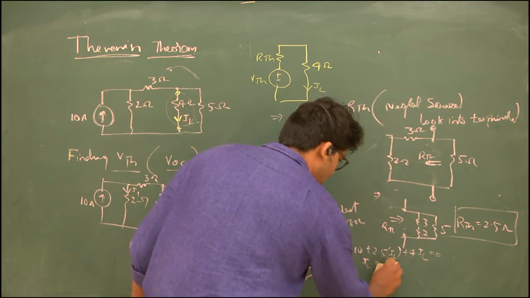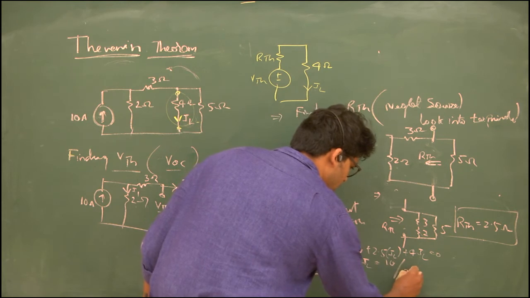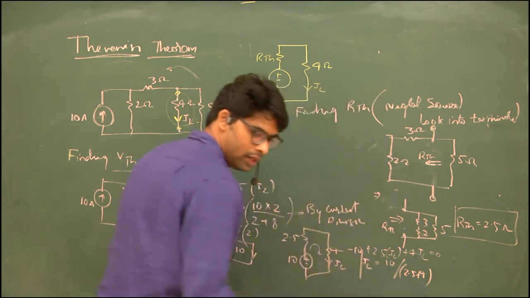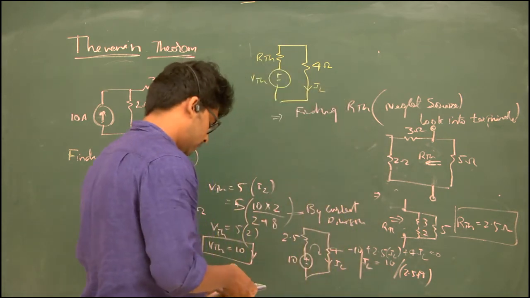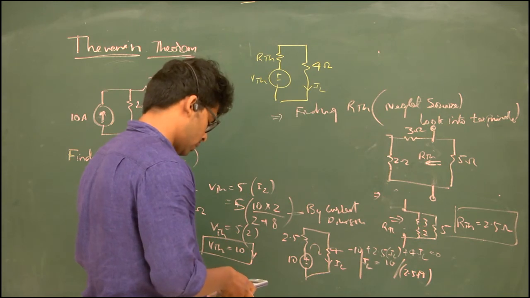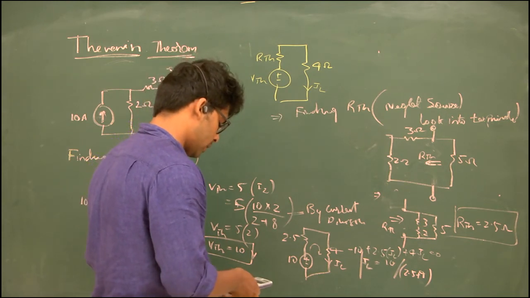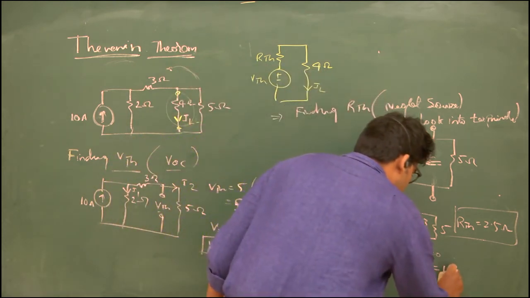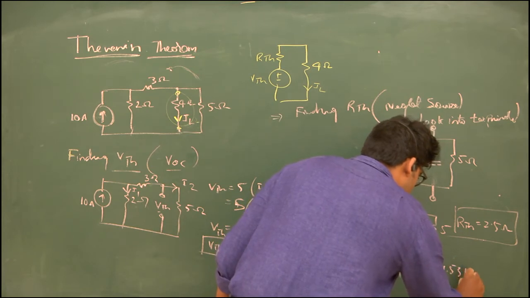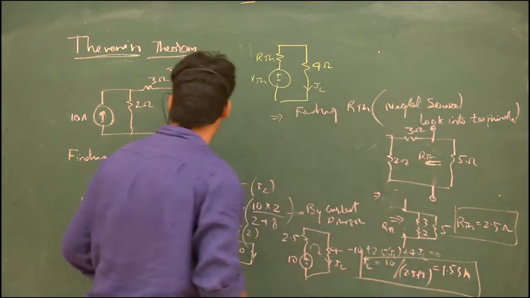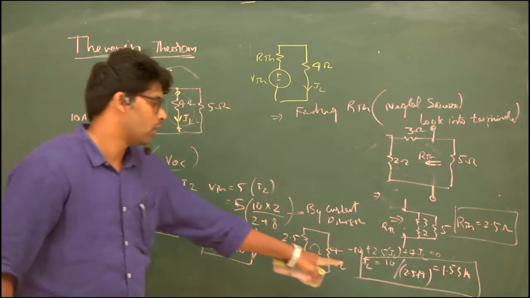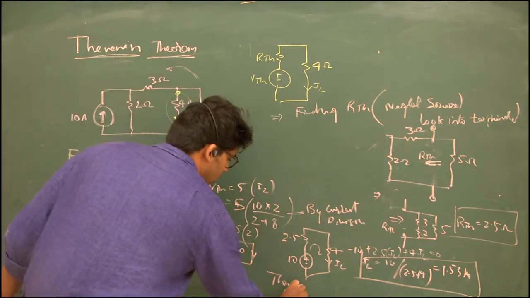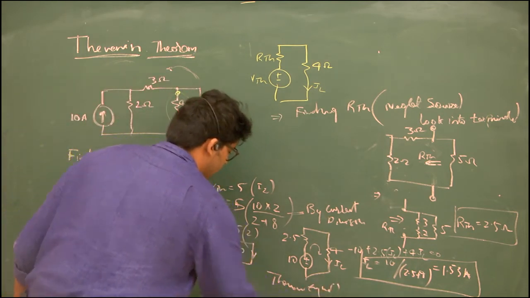Therefore, IL equals 10 divided by 2.5 plus 4. That is almost 1.53 amps. So this is the current flowing through this 4 ohm by the Thevenin equivalent circuit. Okay. This is the Thevenin equivalent circuit.